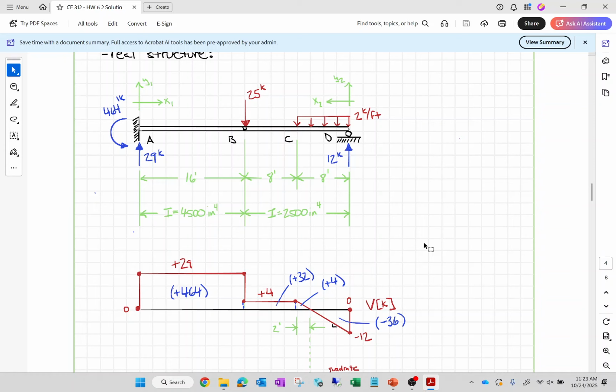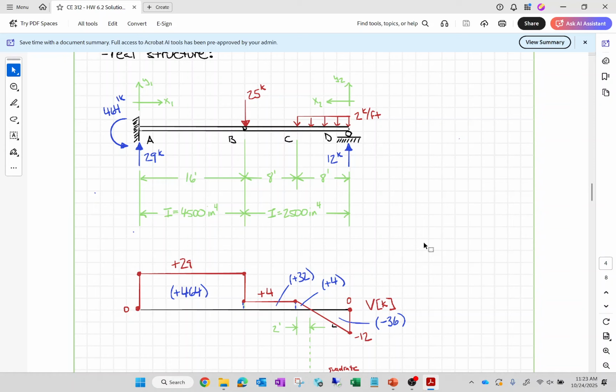For the virtual structure, okay, so if I am putting a 1.0 virtual load right there, you have to have apples to apples. So what I'm saying is, for this structure, this region needs to be in terms of x1 and this one in terms of x2.